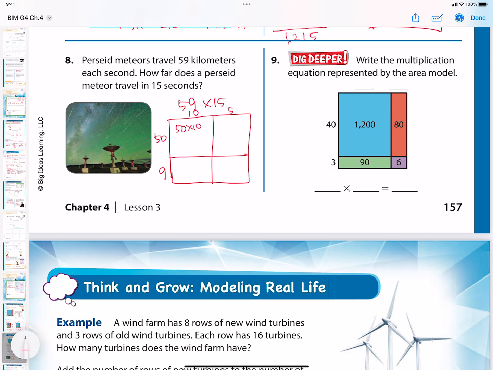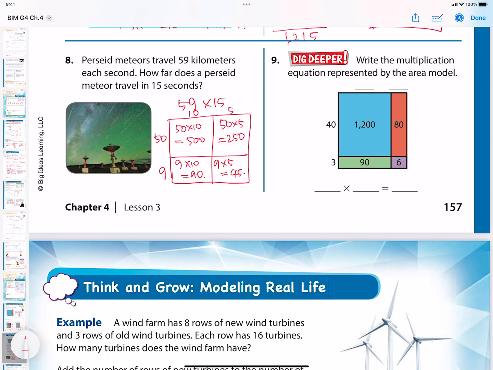50 times 10 is 500, and 9 times 10 is 90. 50 times 5 is 250, right? And then 9 times 5 is 45. Let's add them all together.